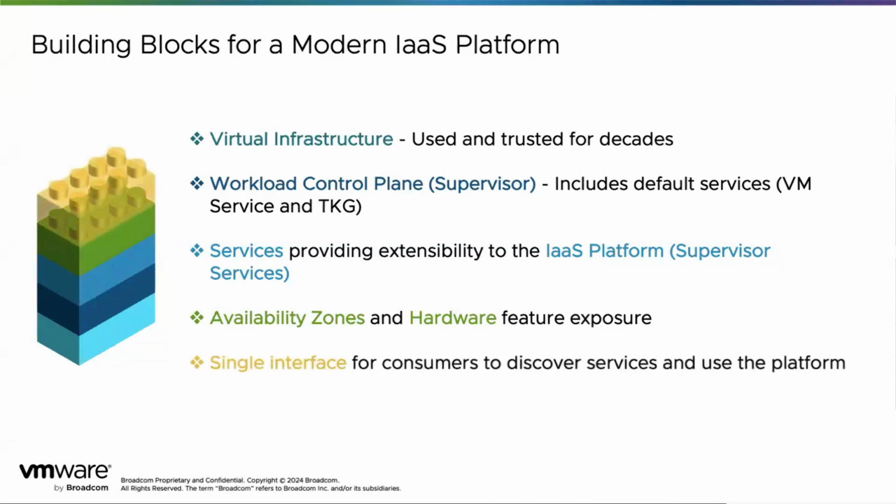And last but not least, you need a user interface, whether for the consumers to discover services, or for the admins to manage the platform itself. That's what we call the cloud consumption interface. We're going to talk about it in our next few videos. Those are the 5 building blocks for this modern IaaS platform.